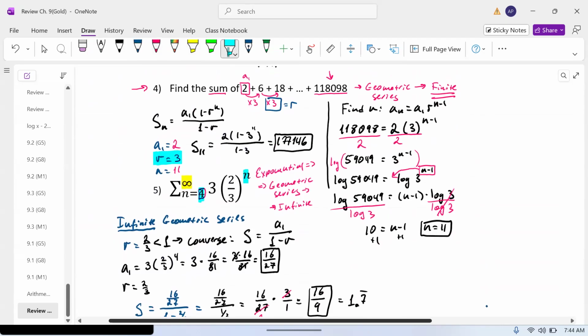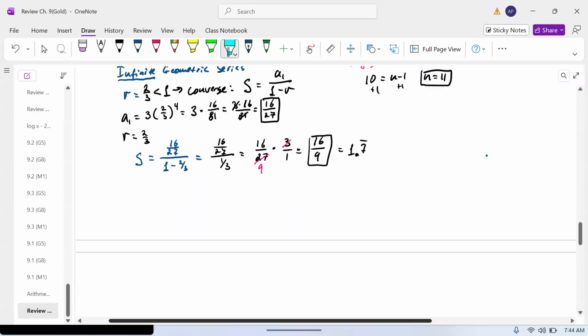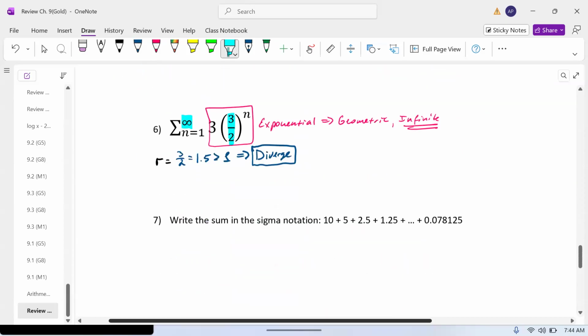But I'm not comparing my 3 to 1, whether it's greater or less than 1, because it is a finite series. And a finite series always converges because you can always find the answer when you add a finite number of terms. So we only check whether r is greater than 1 or less than 1 if it is an infinite series. Please be careful about that.